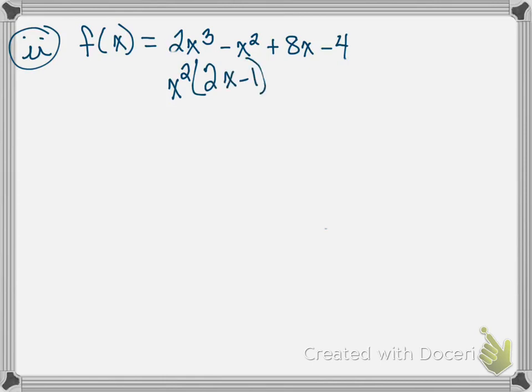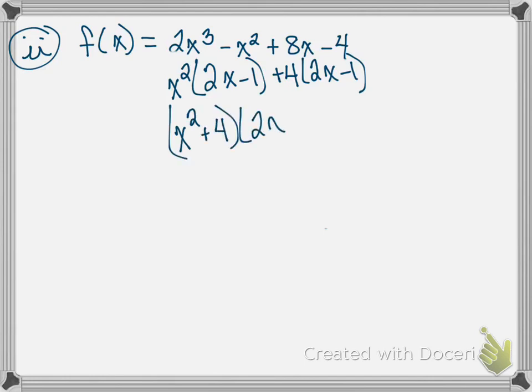And then a 4 comes out of both of these. And actually, it's going to be a positive 4. Sorry about that. It is positive 4. And so then I'm going to have 2x minus 1. So for this, I end up with x squared plus 4 and 2x minus 1.